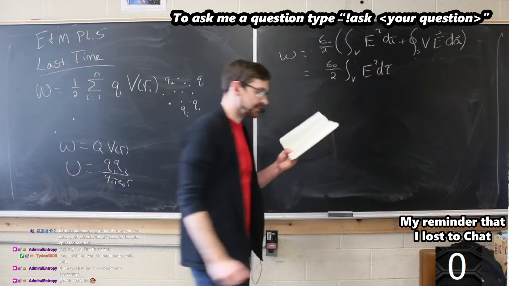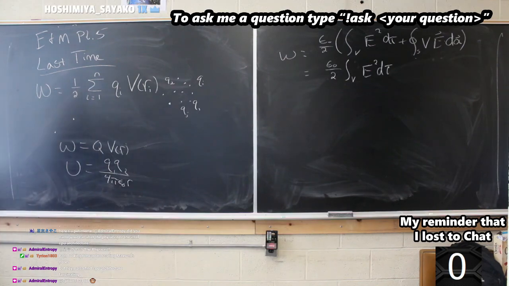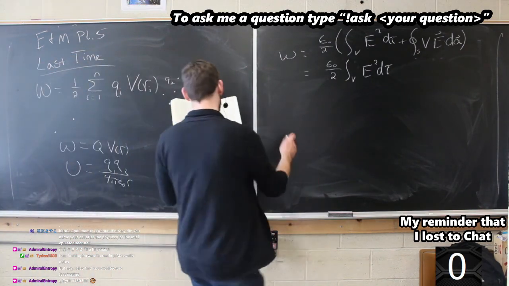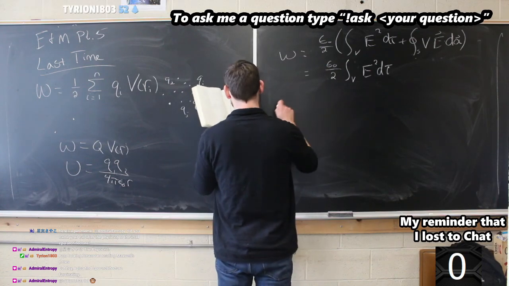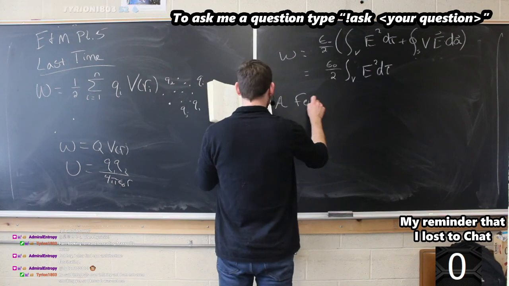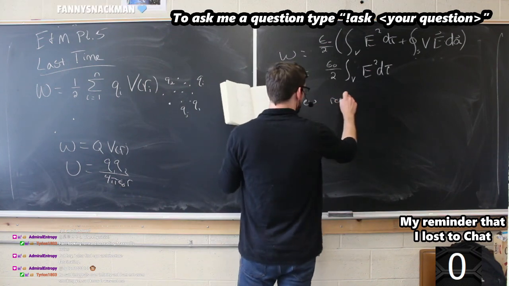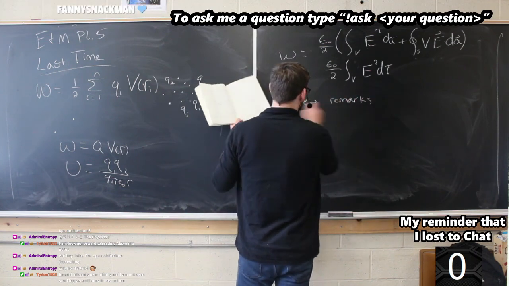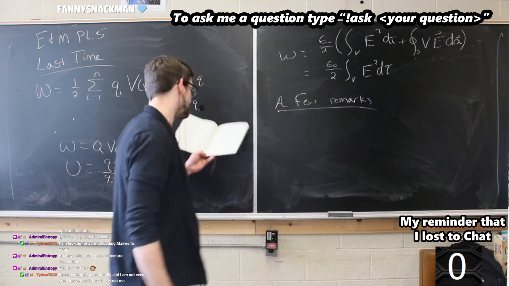Okay? Now, a few remarks about what we talked about last week. This is the new discussion material, a few remarks that we did not talk about. So remember sign convention.